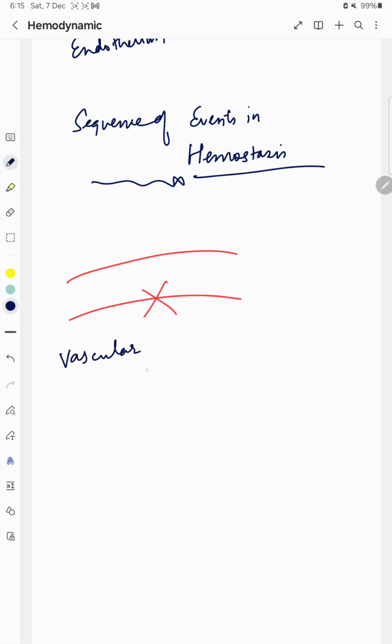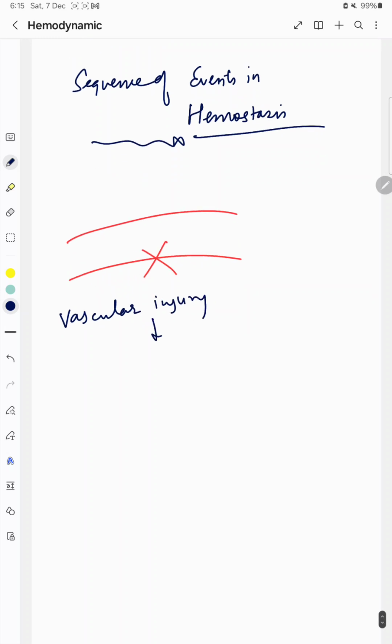Vascular injury results in activation of the endothelium. These are the endothelial cells.